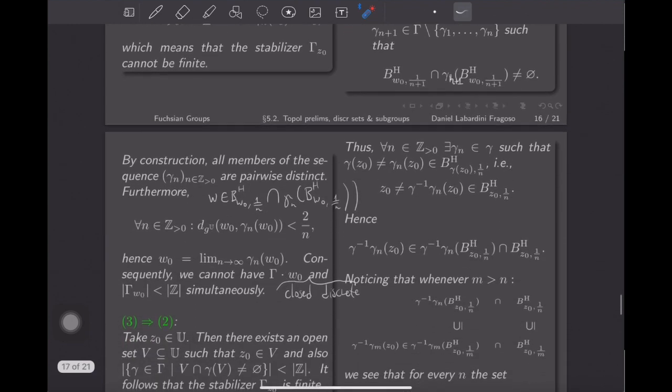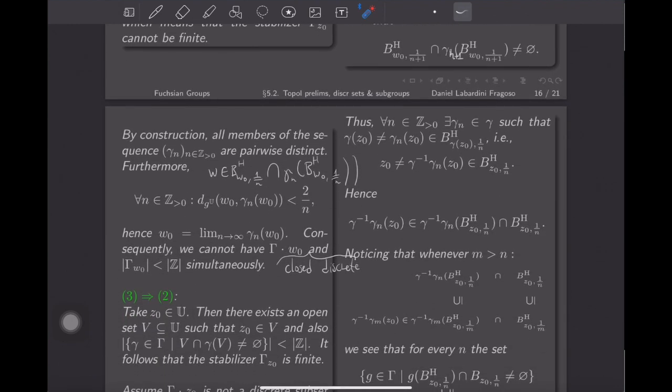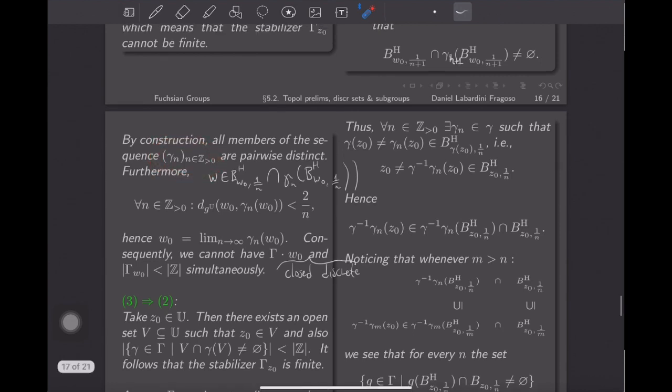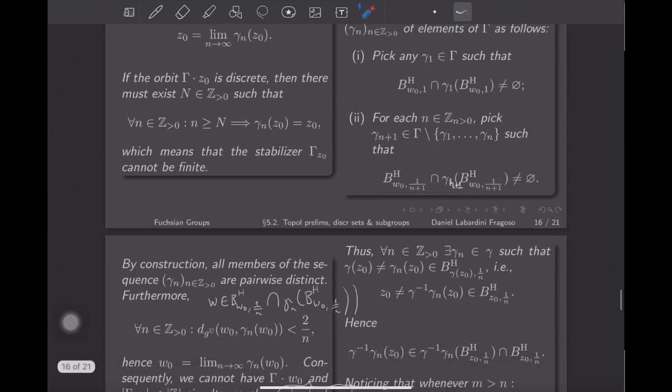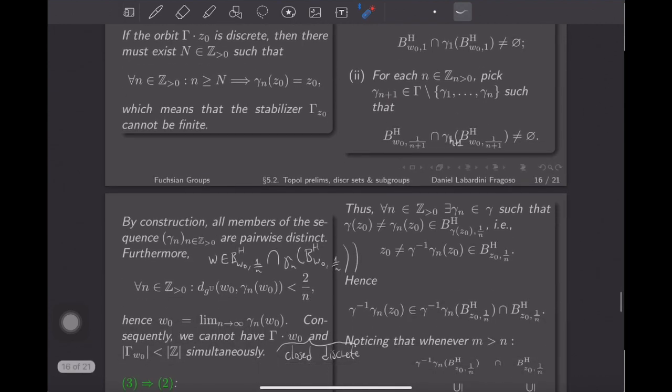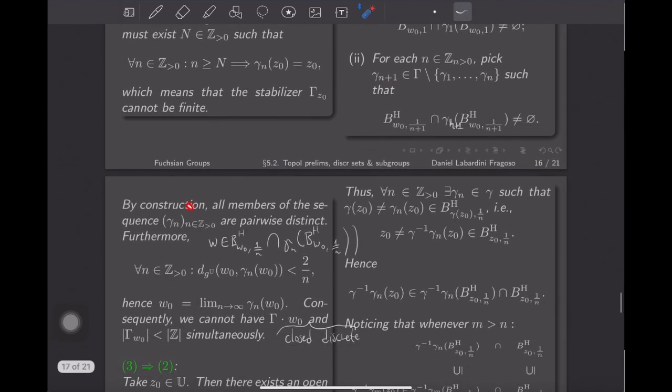But the point is that, in order to actually form the whole sequence, I need to be able to make all these choices at the same time, and not just once for my given n plus 1, but fully simultaneously for all values of n.